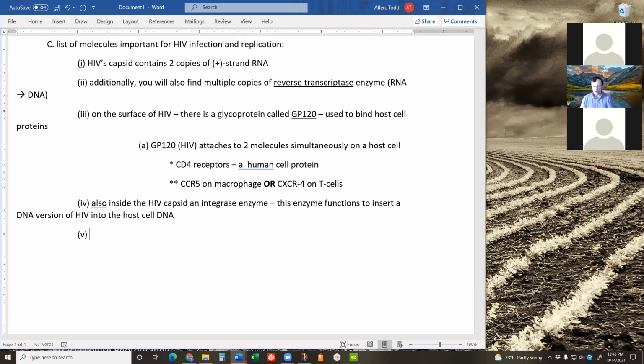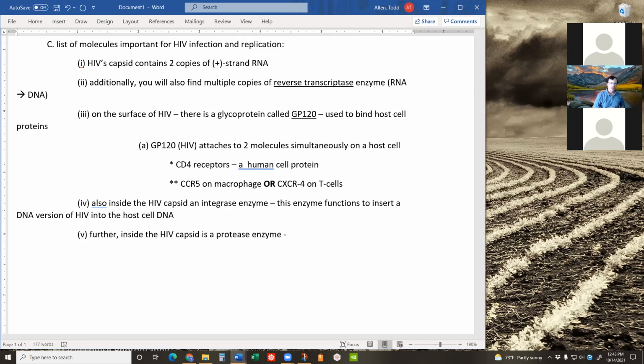And finally, another molecule I need to tell you about is an additional enzyme also inside the HIV capsid, an enzyme called a protease. The purpose of the protease enzyme is to facilitate the maturation of immature, brand new HIV baby virus particles so that they can assemble correctly into mature virus particles, leave the host cell, go off and infect other cells, and continue the trauma of the body that HIV is known for.